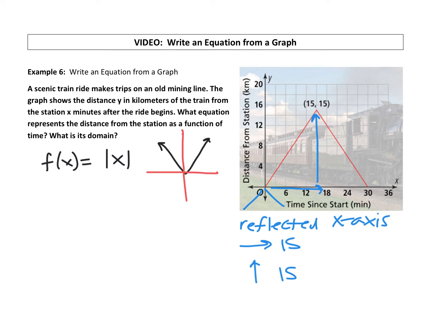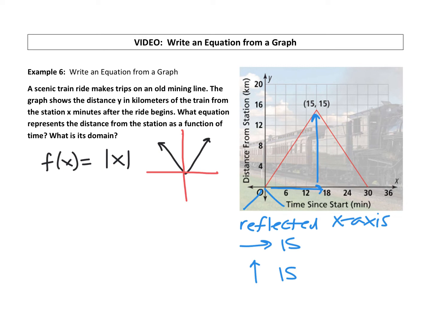If we look at this, you can see that it is going up 1 over 1. We're counting differently on each axis, so the numbers look a little different. But if we're going over 15 and up 15, that's up 15 over 15. That is the idea of a slope of 1, so it didn't have a stretch or compression.